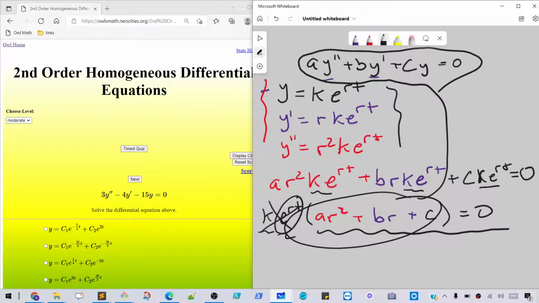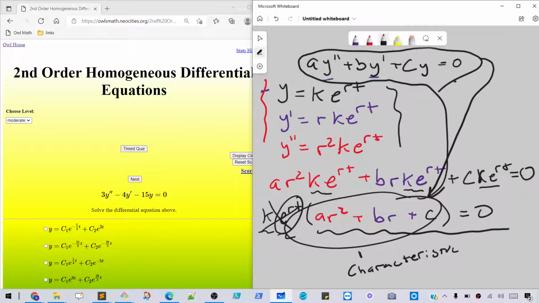So what you can do in general is go straight from our differential equation to here. This piece is called the characteristic equation, or characteristic polynomial. We can just take our differential equation, put it into this polynomial, and go right to the step of finding the roots of this polynomial.